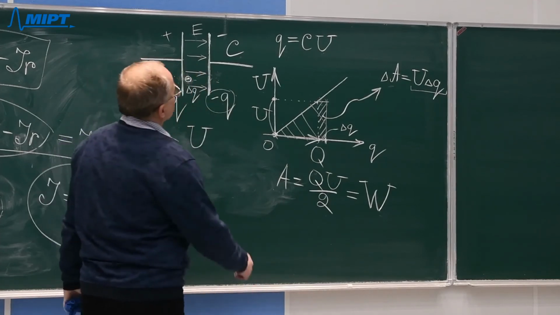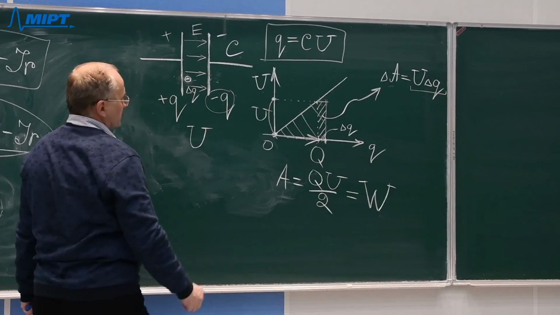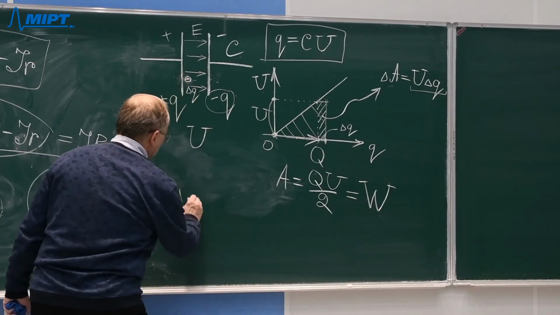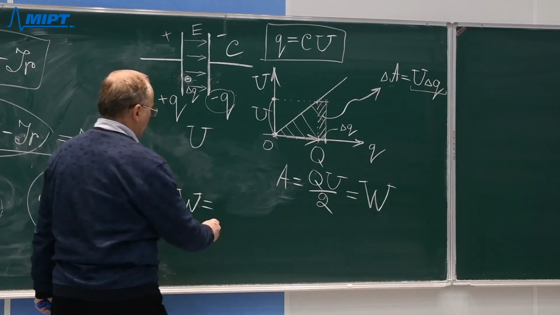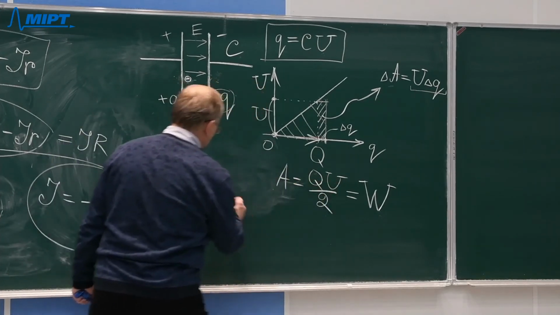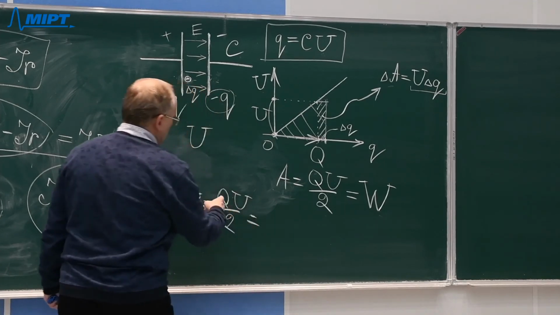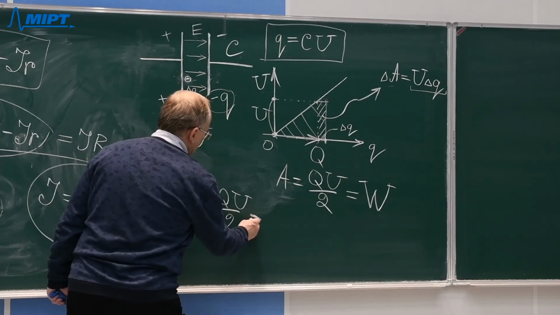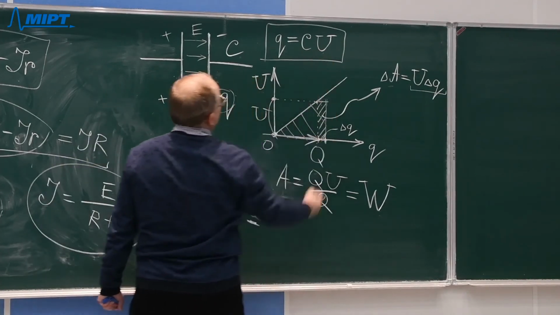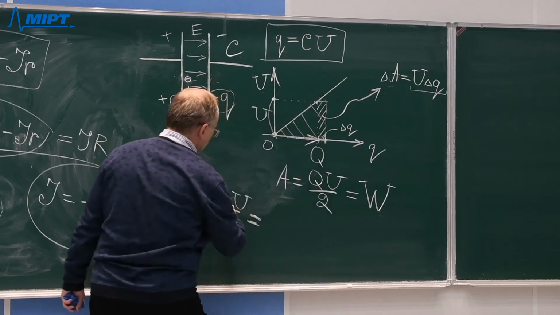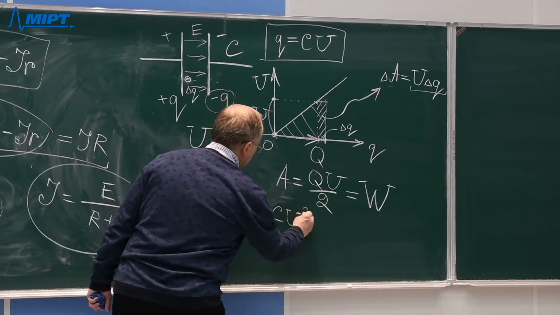Well, by using this formula connecting the charge of the capacitor and the potential difference, we may easily derive that the potential energy of the charged capacitor, along with this formula Q times potential difference over 2, may be written using other formulas. If we recall that the charge of the capacitor is related to the potential difference and the capacitance C, then we obtain C U squared over 2.